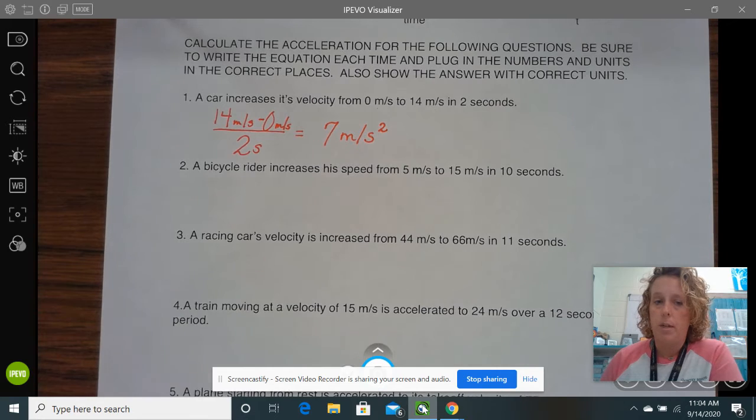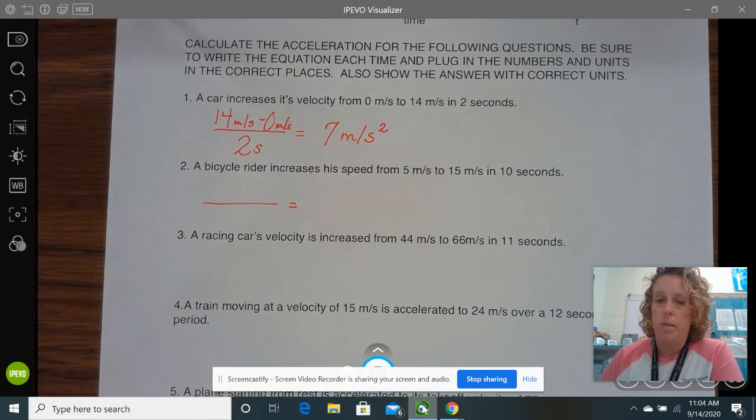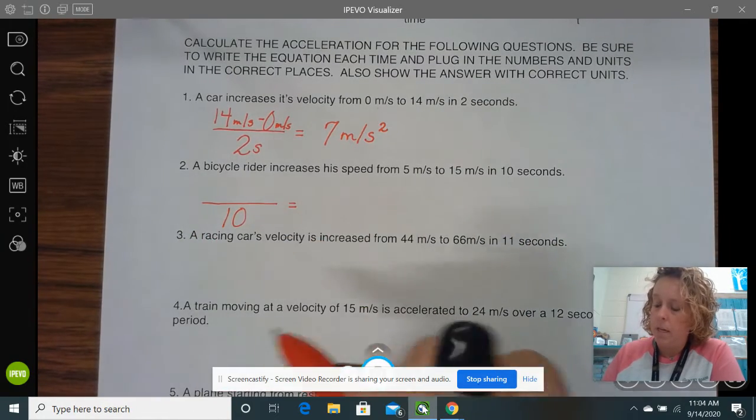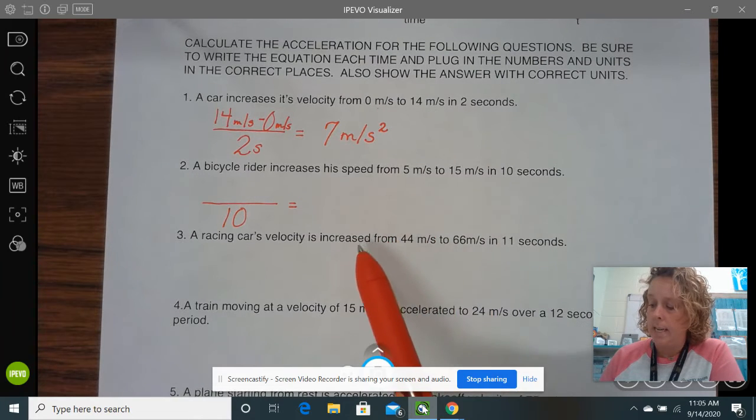Okay, so number 2. A bicycle rider increases his speed from 5 meters per second to 15 meters per second in 10 seconds. Okay, so again, get your formula set up using the information that we have to plug in. We can see immediately our time is 10, initial speed and final speed is what we need now.